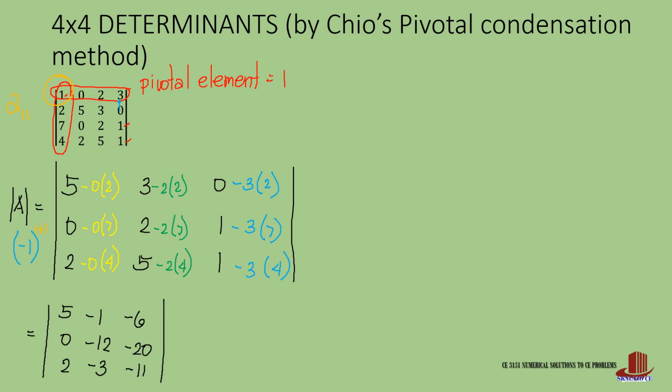In case we are going to use our Sarrus method this time, let's reflect our two rows or two columns. So 5, 0, 2, -1, -12, and -3. Then take our positives.